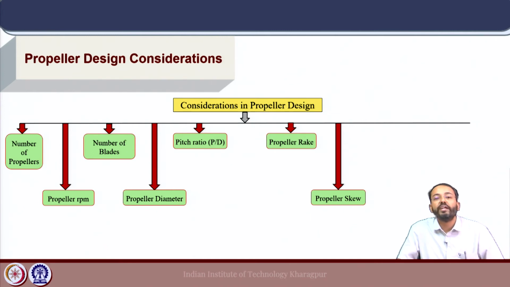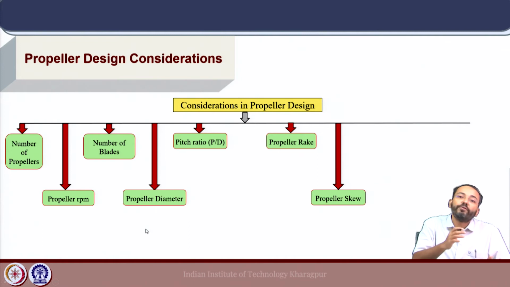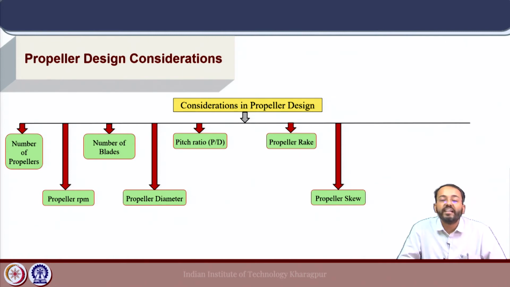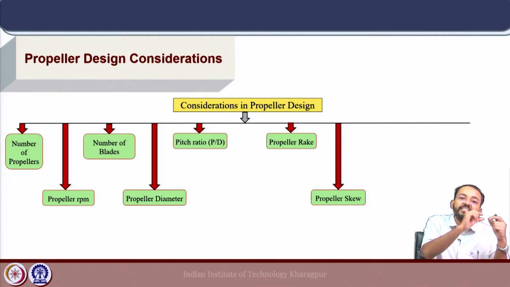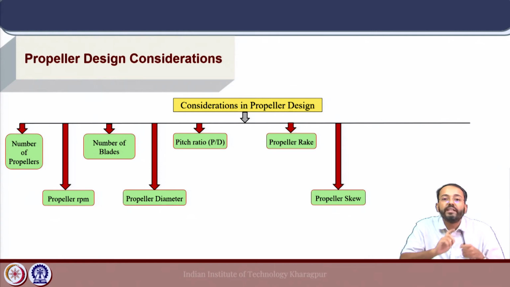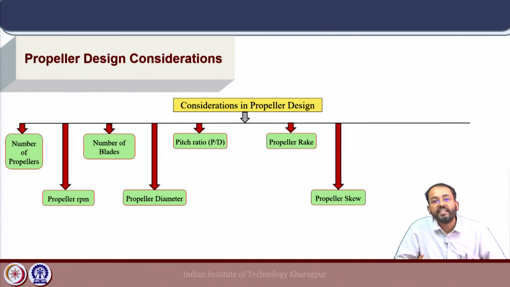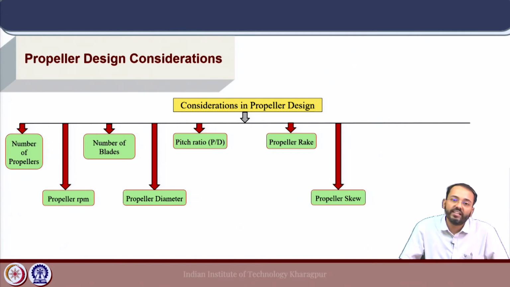Again, we will look into these aspects, and rake is provided to increase the clearance for certain cases for the hull and the propeller. The distance between the propeller blade tip and the hull should be maintained to reduce the propeller related vibrations, and hence if the diameter is not available according to the proper requirements, then a rake can be provided to increase the clearance.